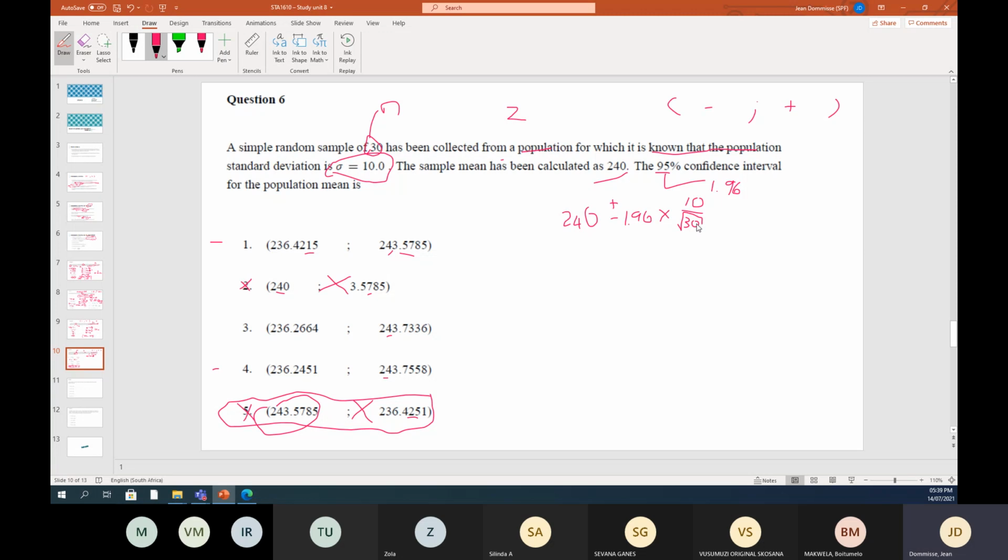It will be 10 divided by the square root of 50, and that answer will be 1.8257, and you need to multiply that by 1.96. If you multiply that by 1.96, you will get 3.5785, which was actually that number again.